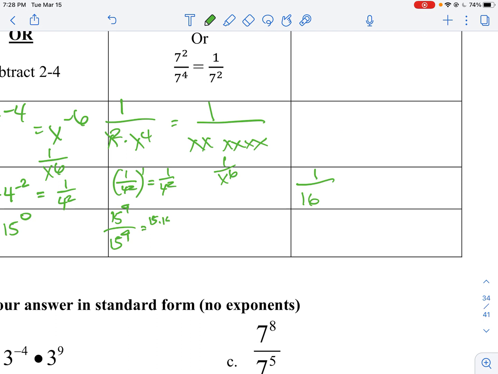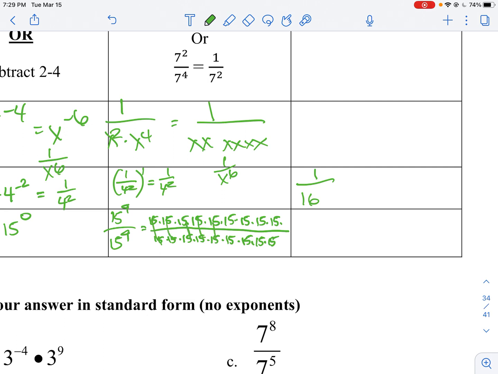So that's 1, 2, 3, 4, 5, 6, 7, 8, 9, over 1, 2, 3, 4, 5, 6, 7, 8, 9.